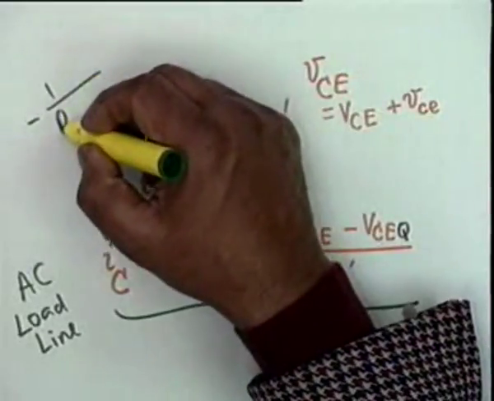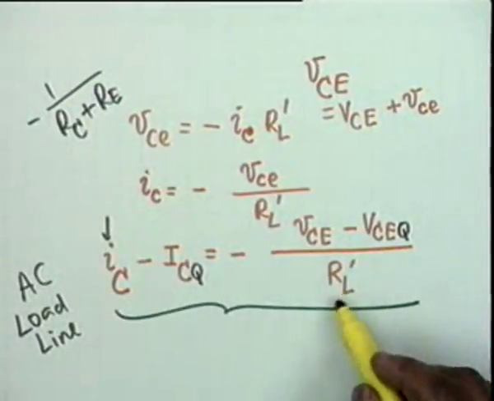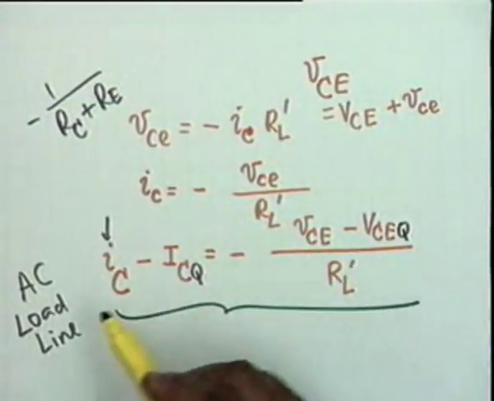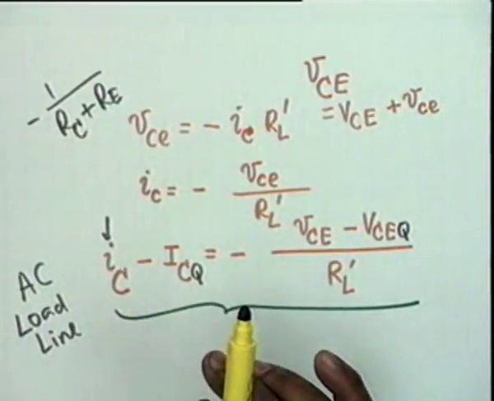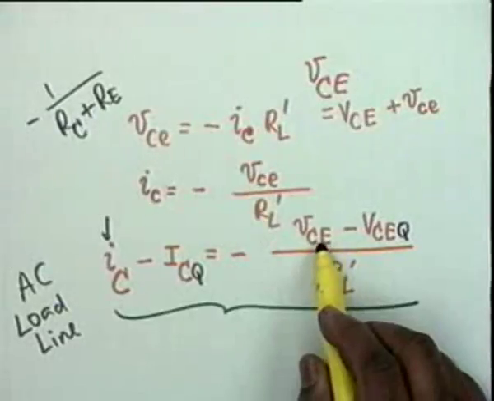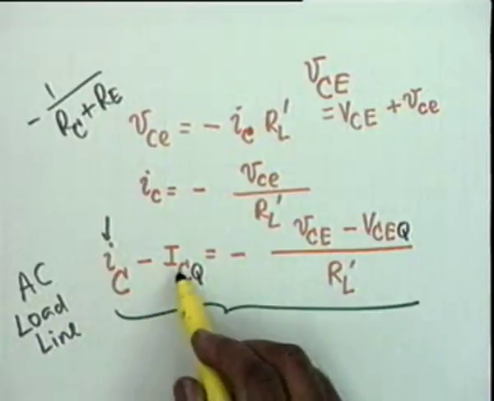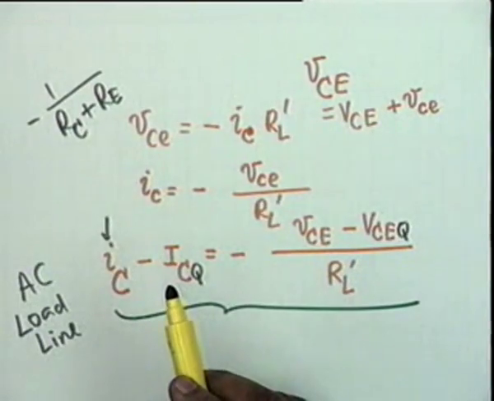Minus 1 by RC plus RE, and RL prime is less than RC. Therefore, the slope of the AC load line is greater than the slope of the DC load line. Is that point clear? And the second thing is that the AC load line must pass through the Q point. Why? Because when VCE is equal to VCEQ, IC must be equal to ICQ. So the AC load line must pass through the Q point.